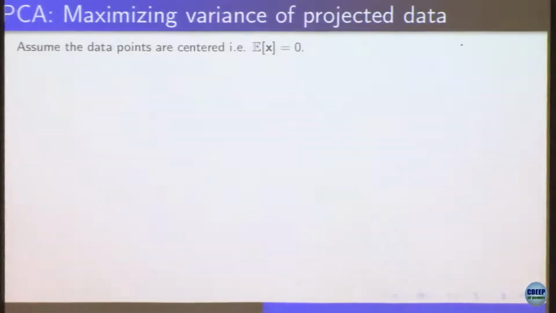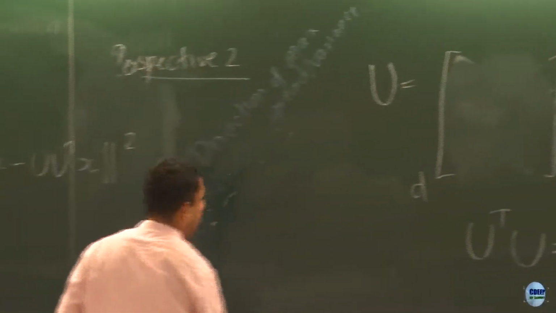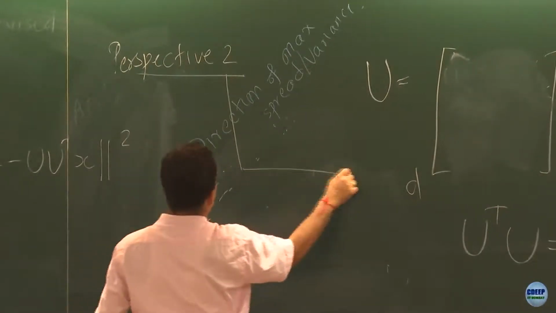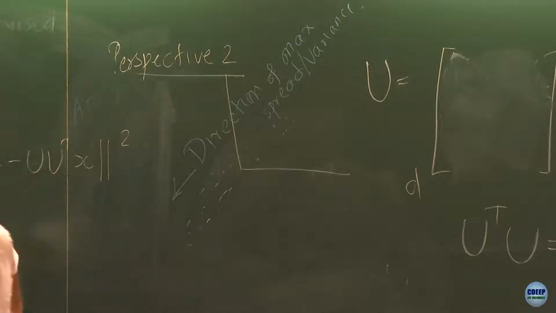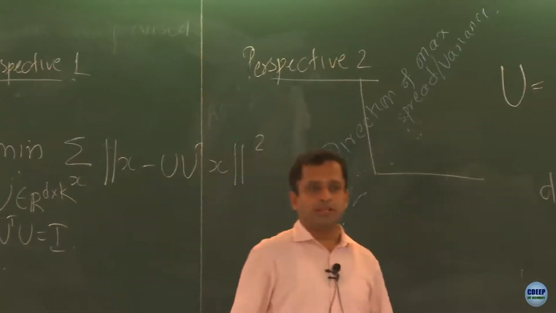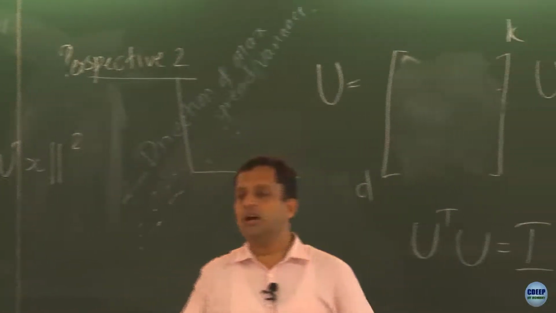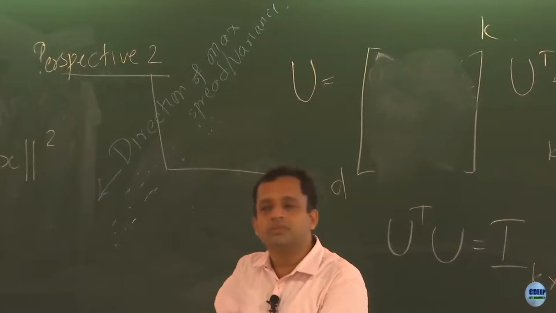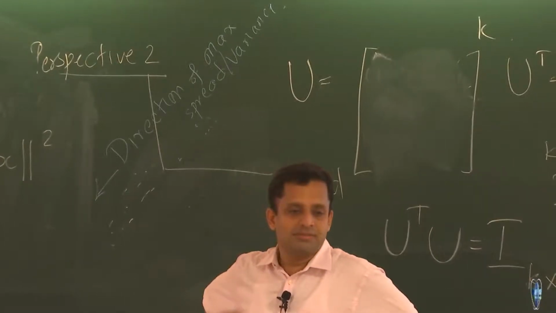That's the second perspective. We'll assume that the data points are centered to begin with, which means that we have shifted our coordinate system a bit. The points are all mean 0, because then it becomes easier to talk about correlation. Correlation becomes directly related to covariance.